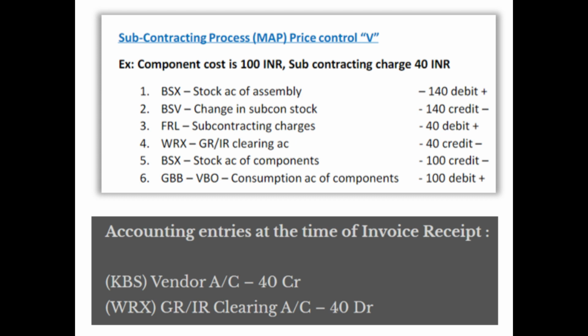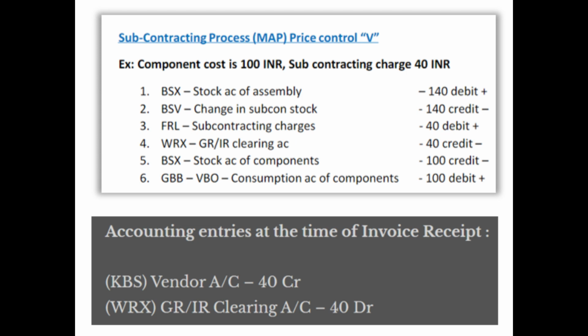Now let us look at the accounting entries after the subcontracting process is done. So if you have a price control V, that is moving average price, and the component cost is 100 rupees, and the subcontracting charge is 40 rupees. So the BSX, which is the stock account of assembly, is debited by 140.